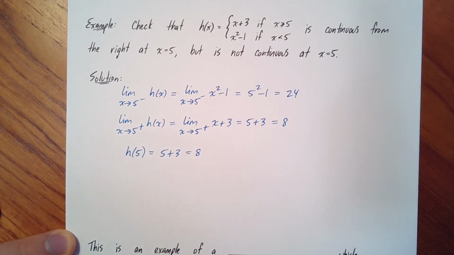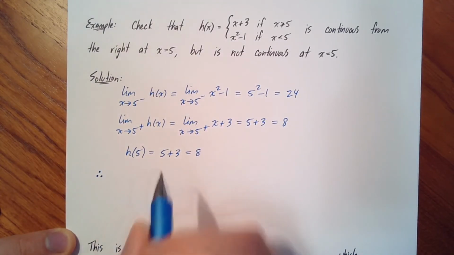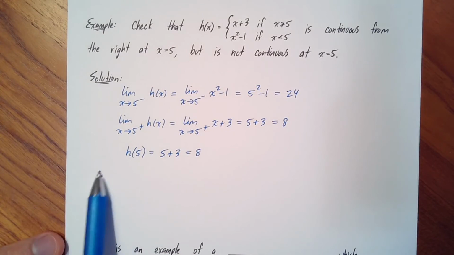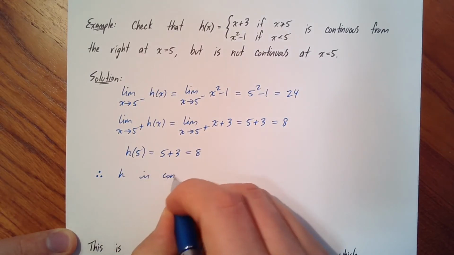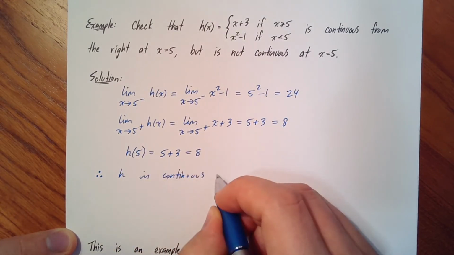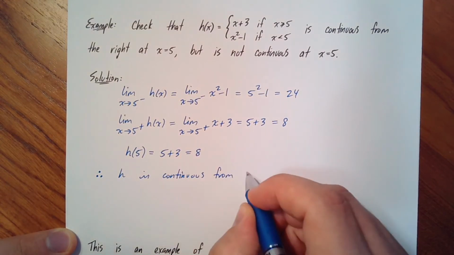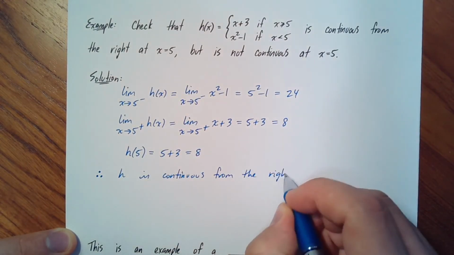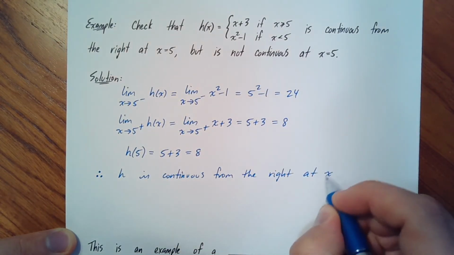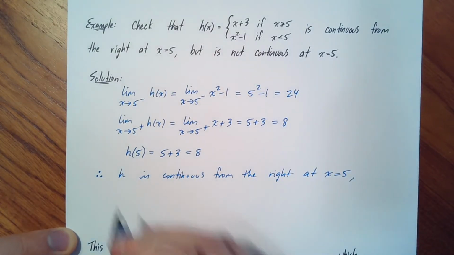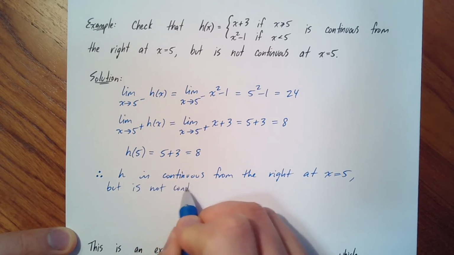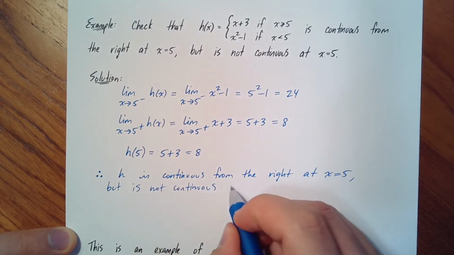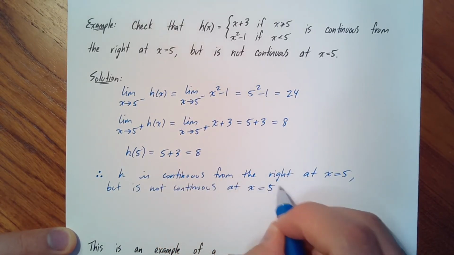Let's summarize what we found. So therefore, I haven't used this symbol in a while, but remember there's 3 dots like a triangle. That's a shortcut to write the word therefore. So therefore h is continuous from the right at x equals 5, but is not continuous at x equals 5.